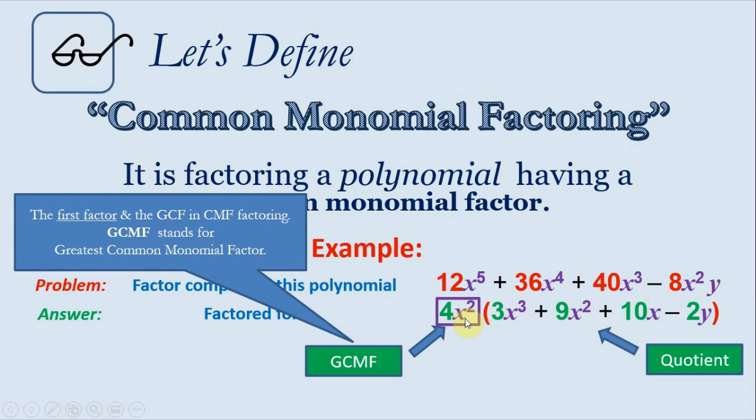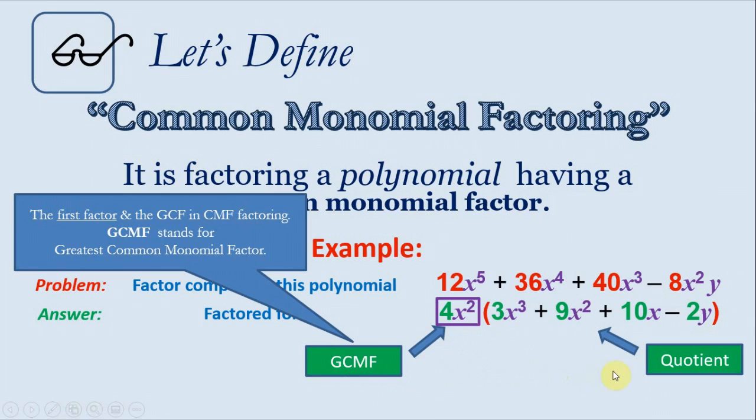While x squared is the GCF of the variables x to the 5th, x to the 4th, x to the 3rd, and x squared y. Combining 4 and x squared together by multiplication, it will form 4x squared. Thus, 4x squared becomes the GCF of the given polynomial, or otherwise known as the GCMF, or the greatest common monomial factor.